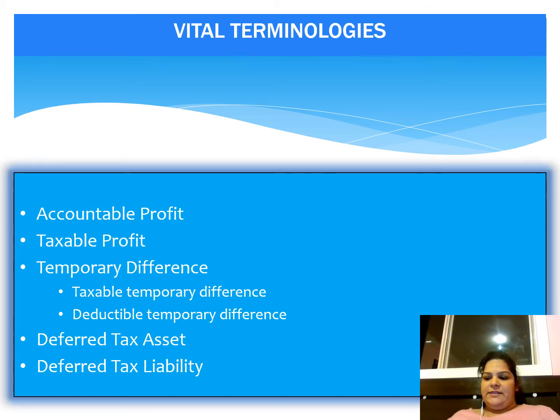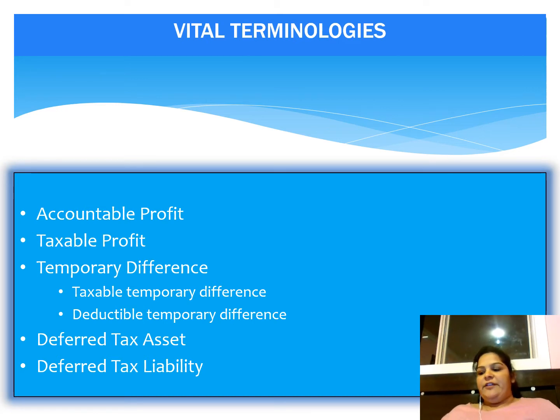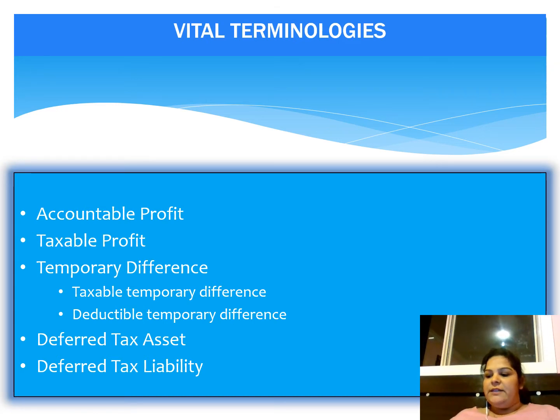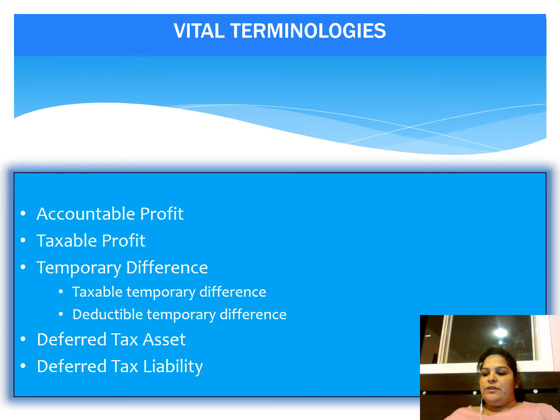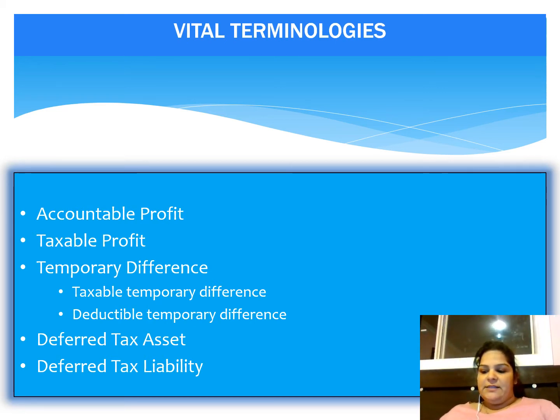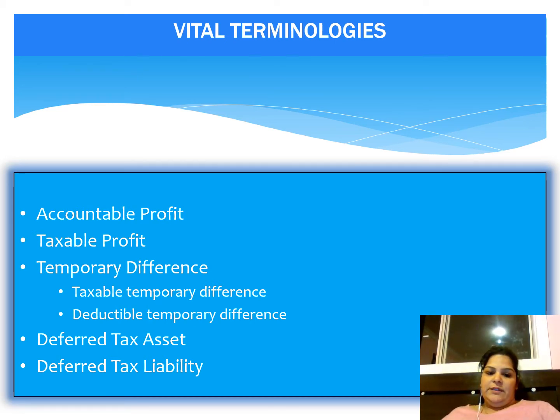A deductible temporary difference leads to decreasing tax on future income. A deferred tax liability is a tax liability which is due for the current financial year but has not yet been paid.